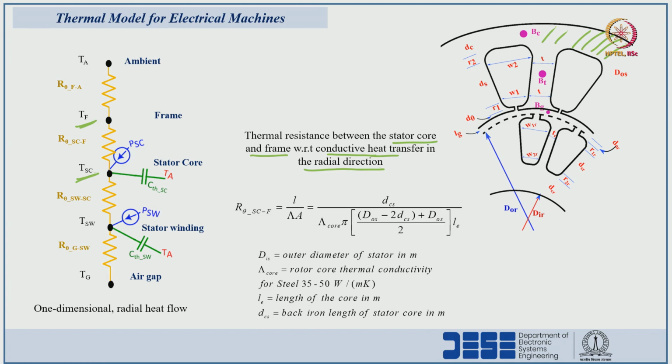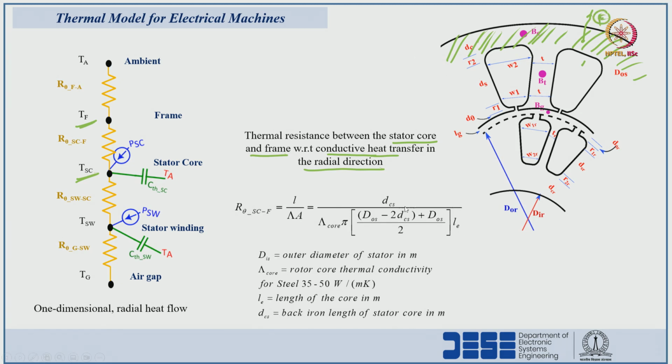I am not considering the stator teeth, only the back iron portion I am considering as the core portion for heat flow. So, once the heat is flowing from the stator winding to the stator core, then from the stator core to the frame, heat is flowing.